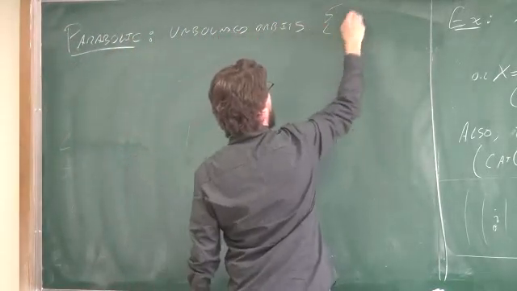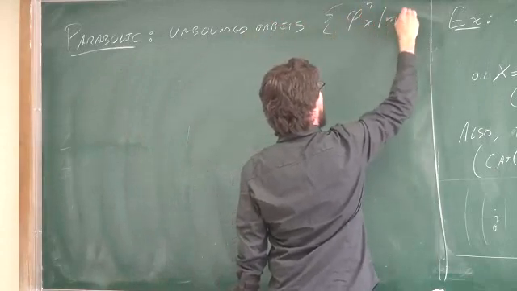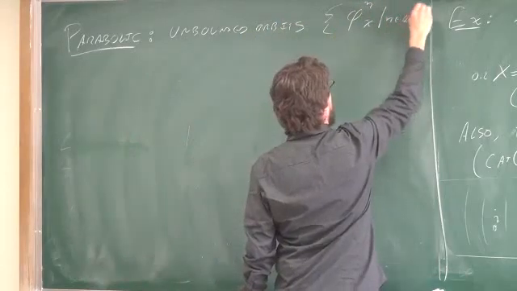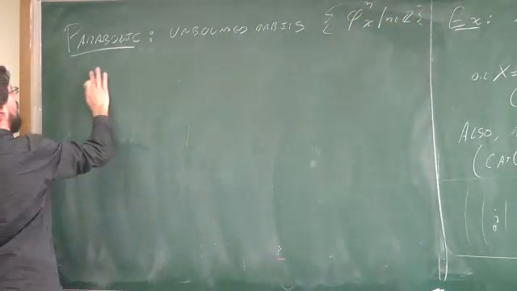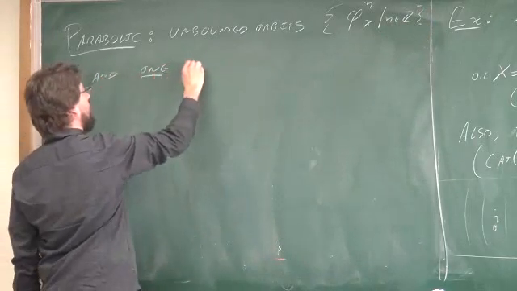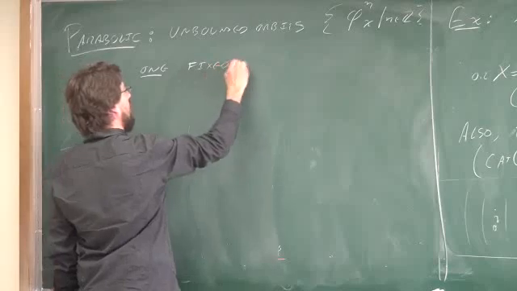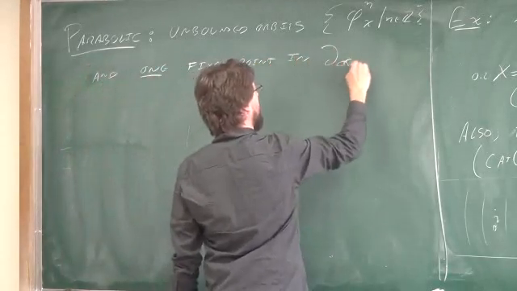And what do I mean by an orbit? I mean I look at the set of phi to the n x, where n is in Z, and exactly one fixed point in the boundary at infinity of X.